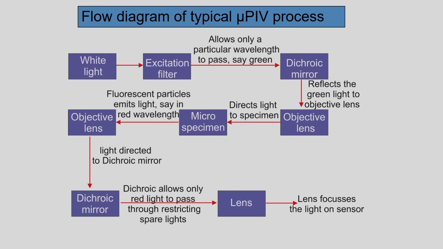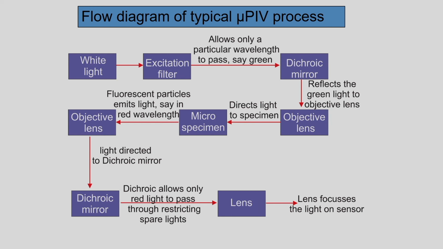Our specimen is a micro specimen, and there is a continuous flow. We are focusing on a particular zone, and there are a few particles seeded to the flow. When we focus light on a particular volume, we are essentially focusing it on those particles in the flow, which are fluorescent particles.